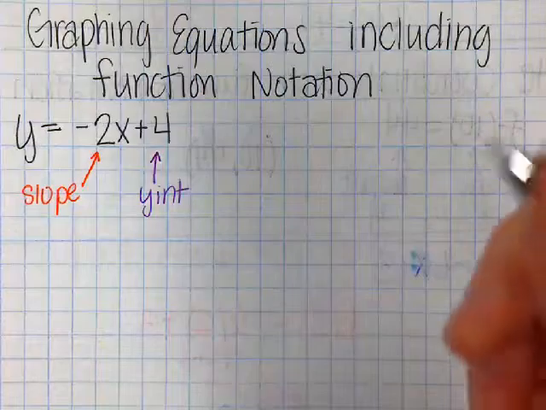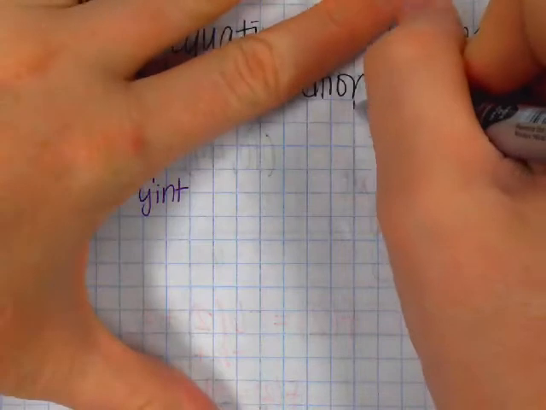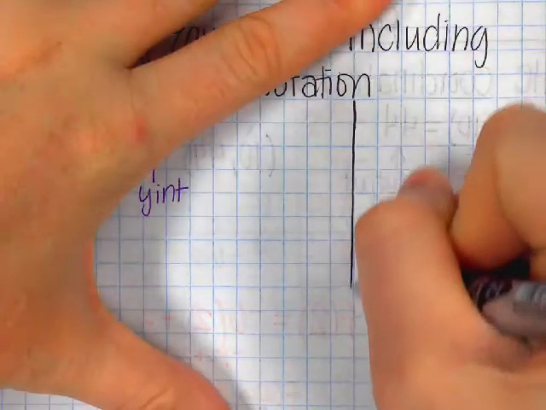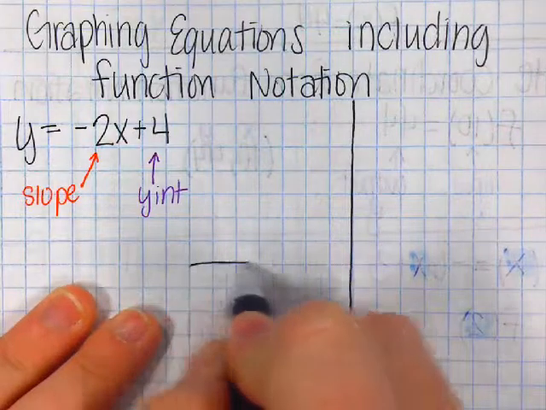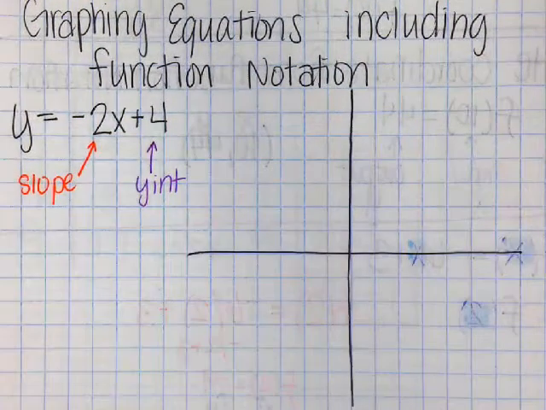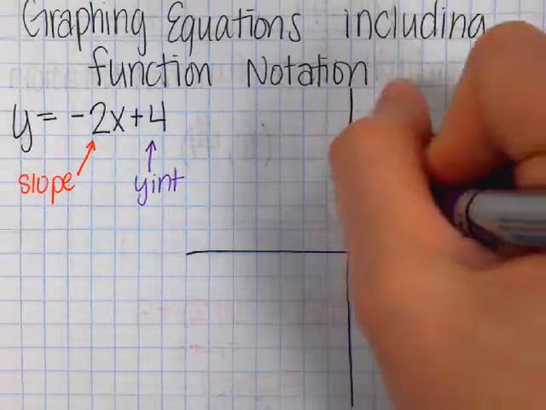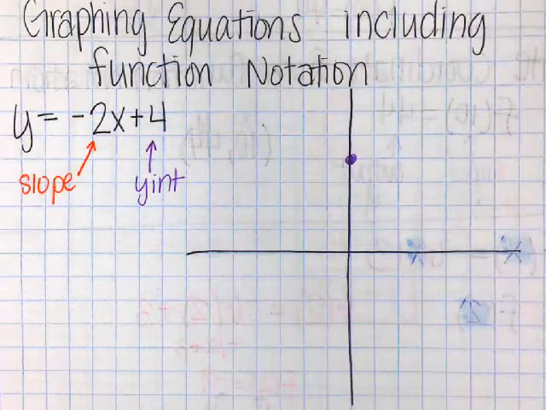When you're graphing these, you always want to start with the y-intercept because that's telling you where to start. And then you always move up or down from that point. So if my y-intercept is at 4, 1, 2, 3, 4, that's my y-intercept.